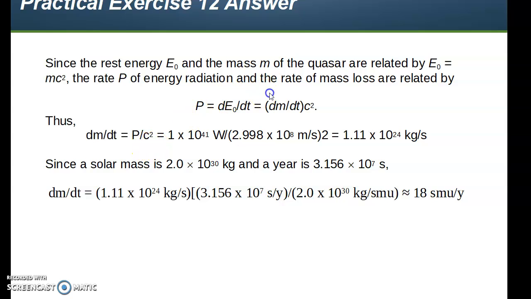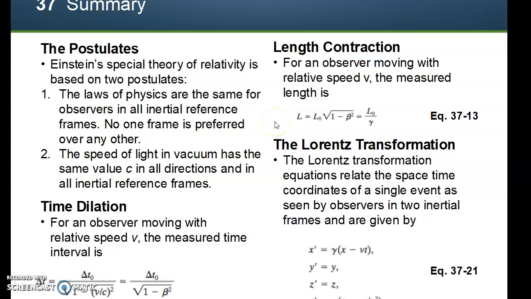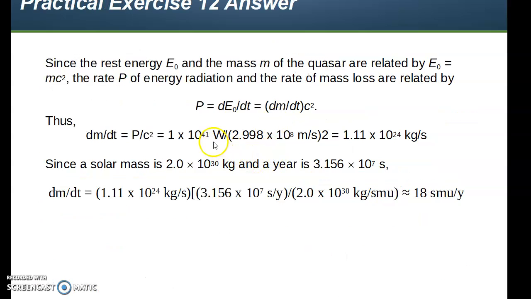Okay, and therefore it's 1 times 10 to the 41st watts divided by (2.998 times 10 to the 8th meters per second) squared. Oh, this should have been a squared right here. I messed up on there. So dm/dt equals 1.11 times 10 to the 24th kilograms per second.